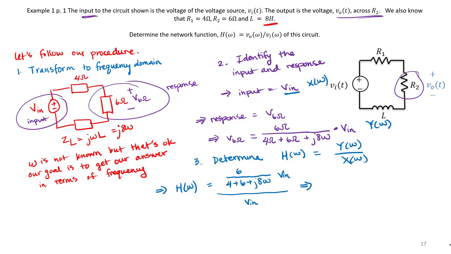If we go ahead and substitute everybody in, we determine our frequency response is the following. Notice in this case, our frequency response is actually independent of our input voltage source. It completely depends only on the frequency of that input voltage source.